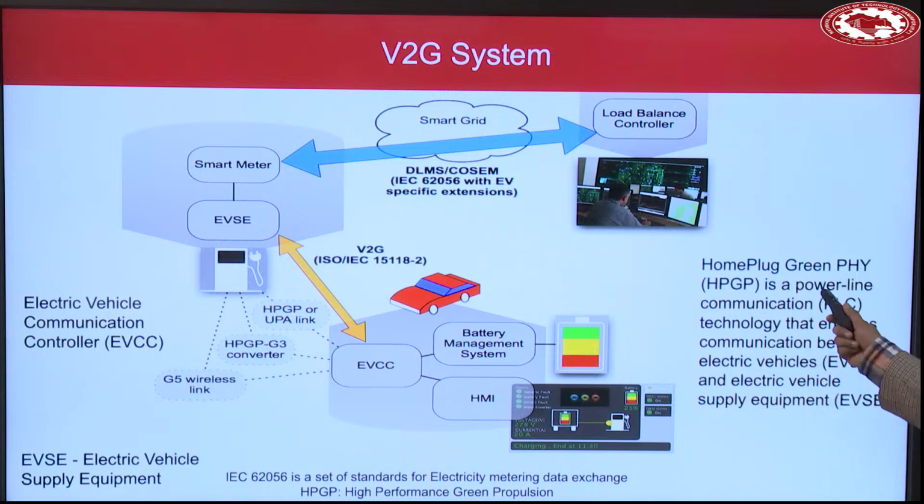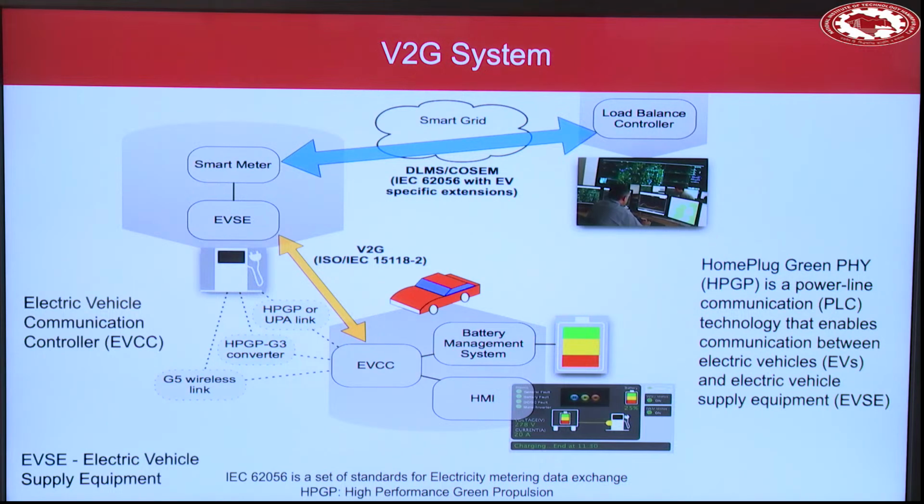You have some links, connections through HomePlug Green PHY, which is called HPGP, a power line communication. Power line communications are dedicated power lines that supply electricity. So there will be two connections, one for the power connection, the other one a communication line for exchange of data and controls, and then the actual supply of power.